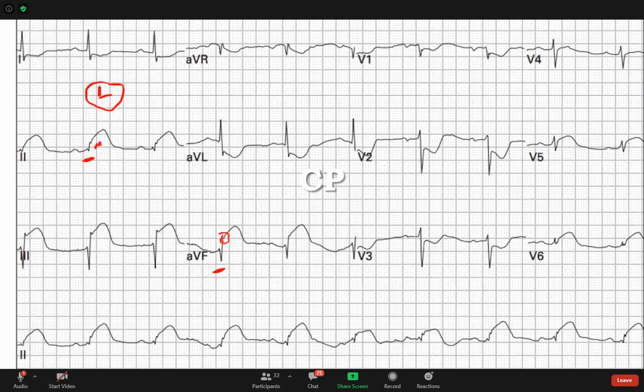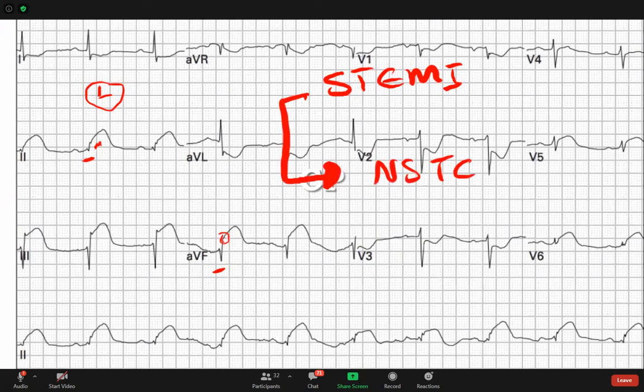But I think this patient has ST elevation MI, STEMI. It's a very important distinction between STEMI and NSTEMI. NSTEMI اللي هو non-ST elevation MI. This guy needs to go to the cath as fast as possible. This guy can wait. These are killers.